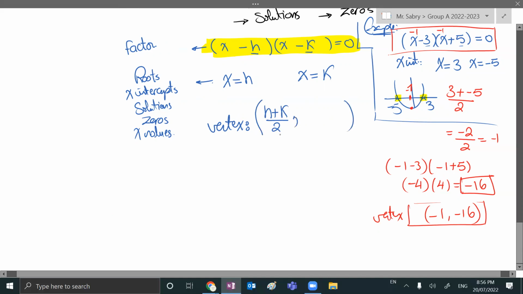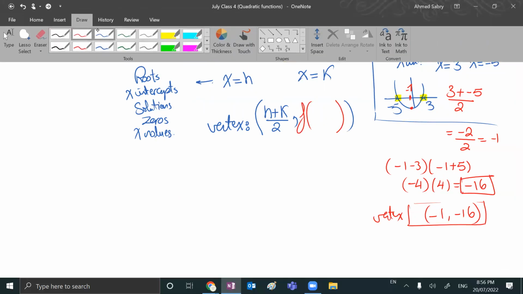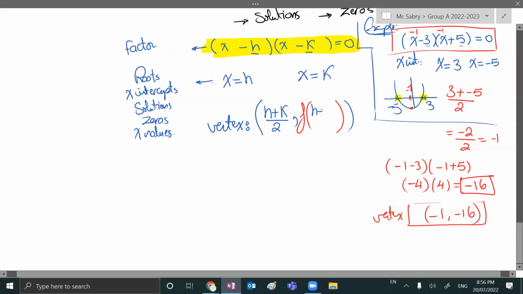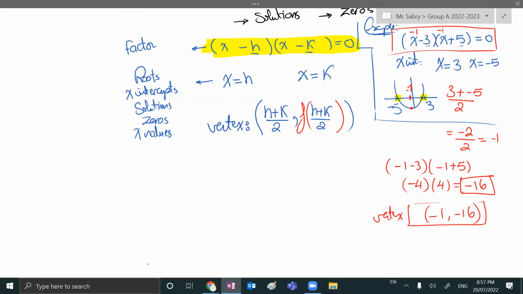Once you get the x coordinate, if you need to find the y, just find f of (h plus k) over 2. So whatever you got for x, substitute again into the equation. Mister, this is easier and faster, right, than if we multiplied the two brackets and made them standard form? Of course, easier. Of course.